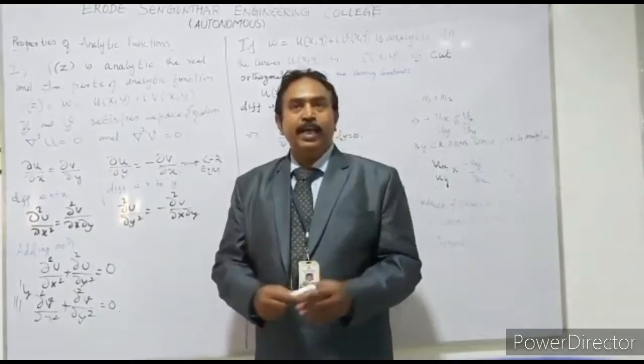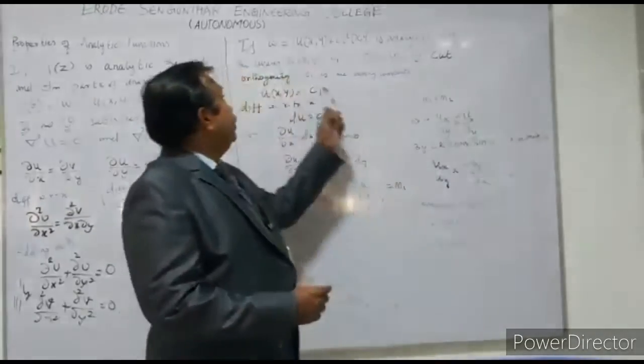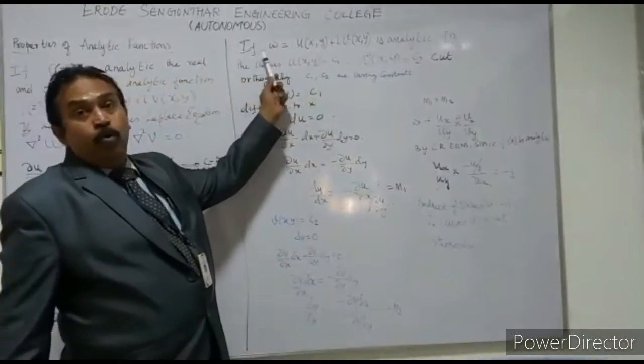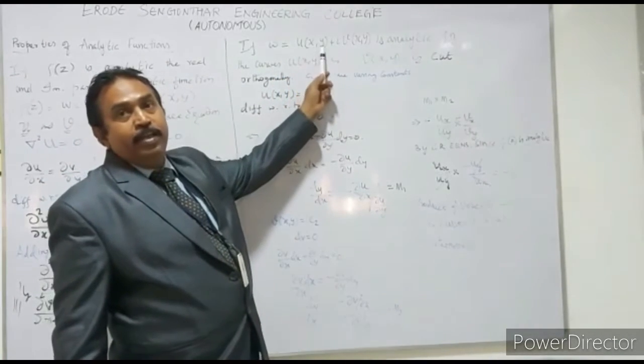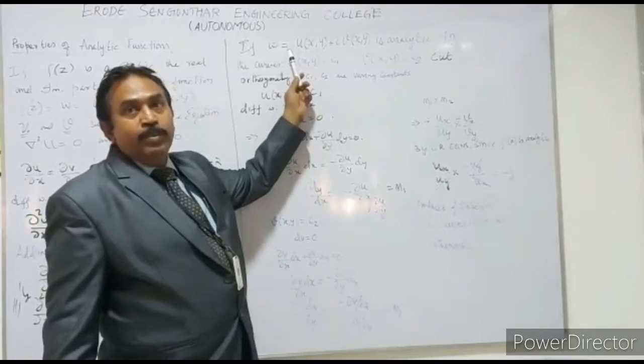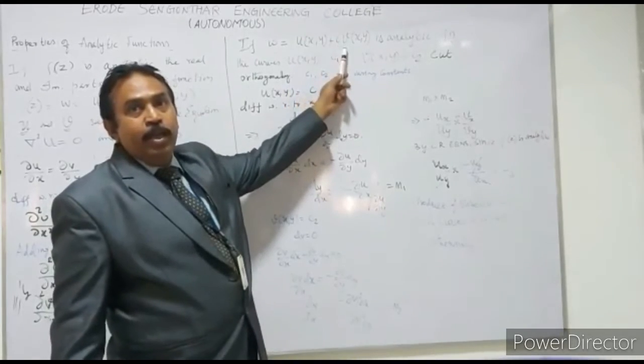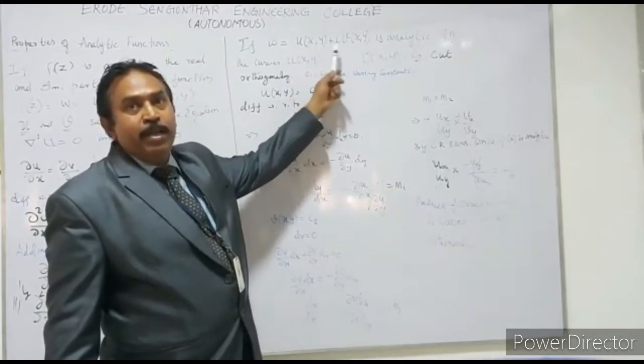So we can see the next property. Let w is equal to u of x comma y plus i into v of x comma y. This u of x comma y and v of x comma y represent the real and imaginary parts.